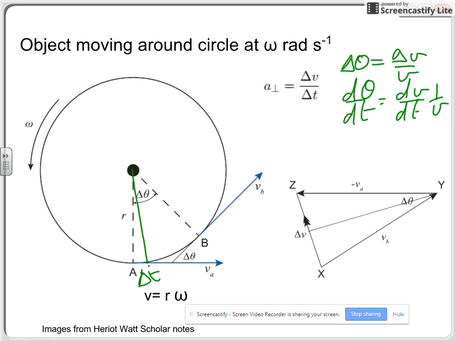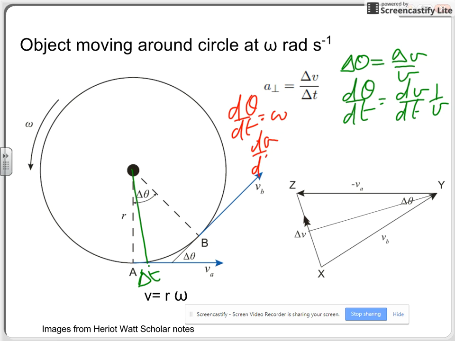Now, d theta by dt, from earlier on, what's the rate of change of angle called? How fast the angle is changing? Omega. So d theta by dt is omega.